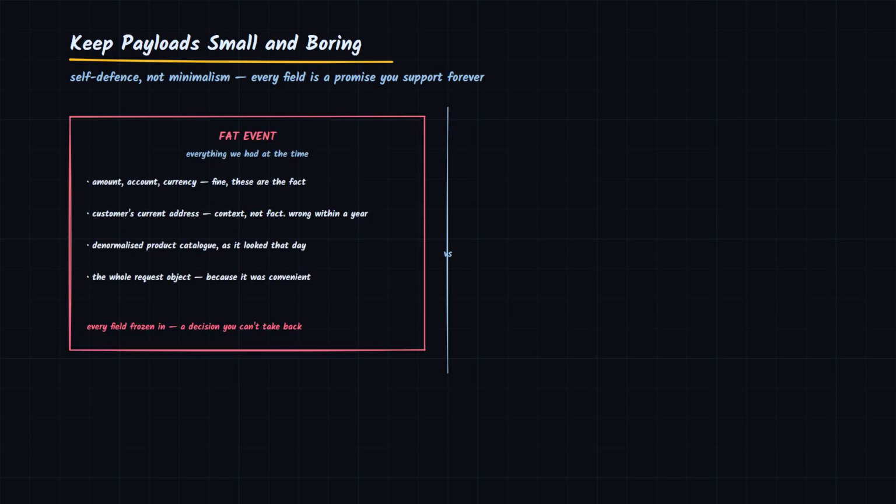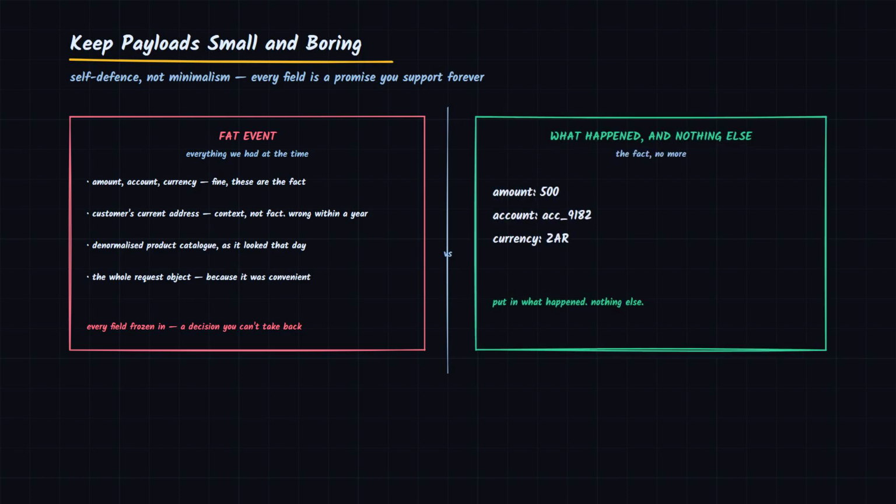Not the customer's current address, which was context rather than fact and will be wrong within a year. Not a denormalized copy of the product catalog as it looked that day. Not the whole request object because it was convenient. Each of those is a decision you are freezing into a permanent record, and the frozen version of a convenient shortcut is an upcaster your successor maintains and does not understand.